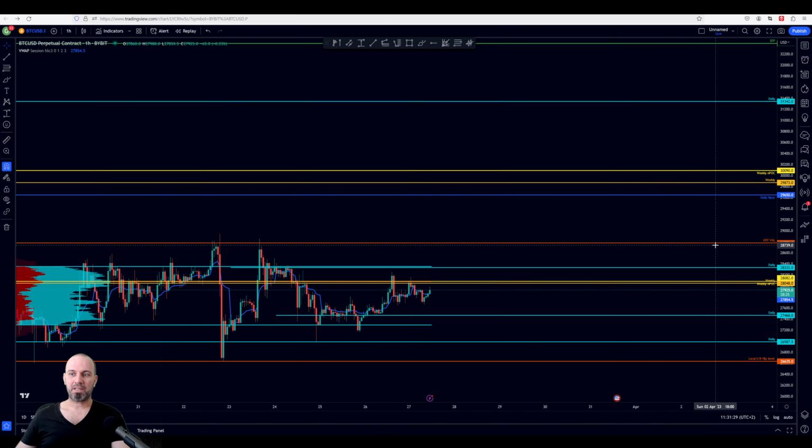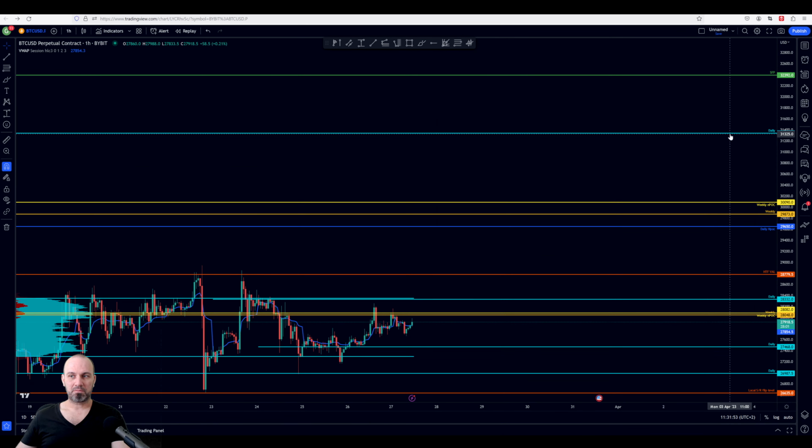So if the price managed to claim this level, the high time frame value area low, the next area that I'll be looking for a possible reaction is this area, starting with this daily naked point of control, weekly naked point of control. So somewhere around 30K area, right? So that would be the next area that I have to the upside, followed by this daily 31,342.